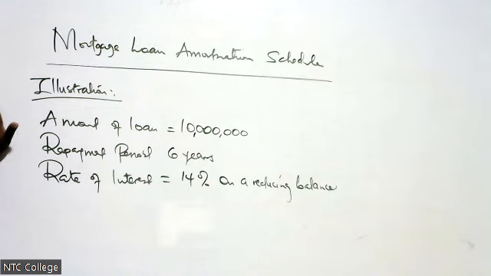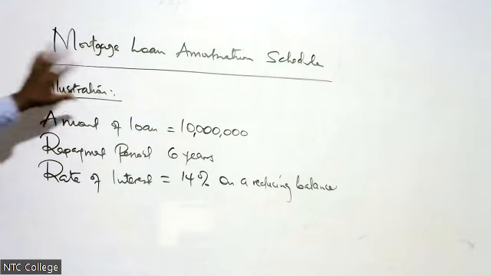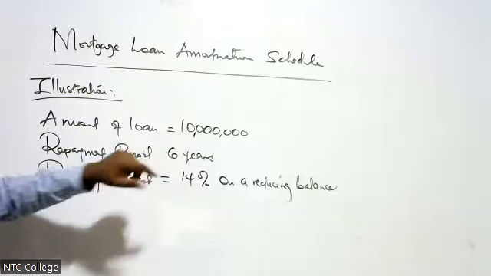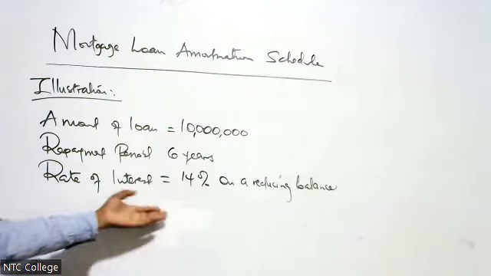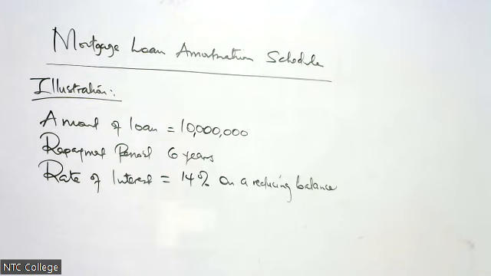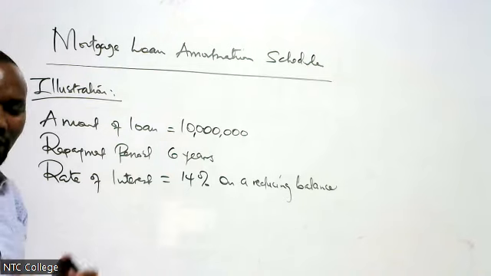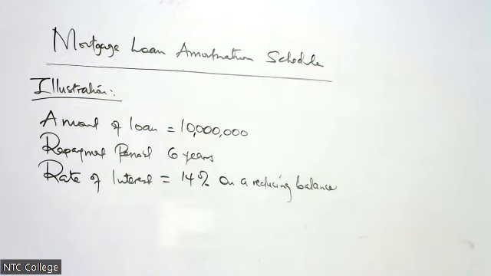Henry, welcome. Edwin, welcome. We are looking at a loan amortization schedule, and we are assuming that you have taken a loan of 10 million for a period of 6 years. The agreed rate of return, or we call it interest, is 14% on a reducing balance. This is a normal thing that happens whenever you take a loan.